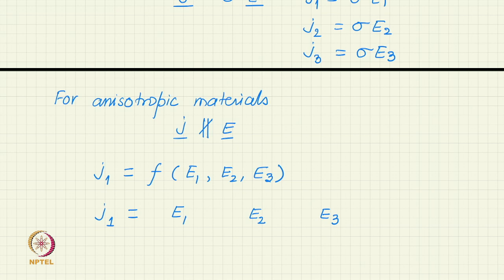Now, linear dependence means that it is proportional to all these components separately with some proportionality constant. So, let us write those proportionality constants in a systematic way, giving the subscripts sigma 1 1, sigma 1 2 and sigma 1 3.